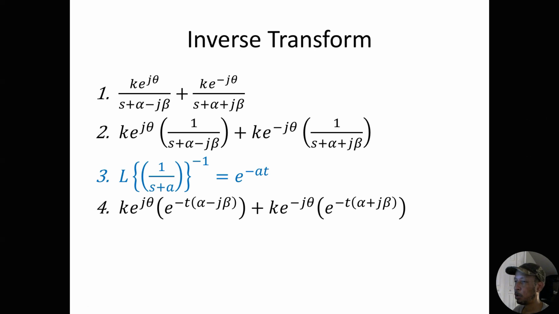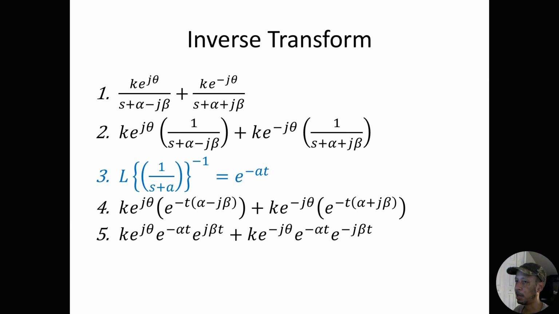Okay, so next we're going to expand this. We're going to multiply inward and expand this expression, and then what we end up with is k times e to the j theta times e to the negative alpha t times e to the j beta t plus k times e to the negative j theta times e to the negative alpha t times e to the negative j beta t.